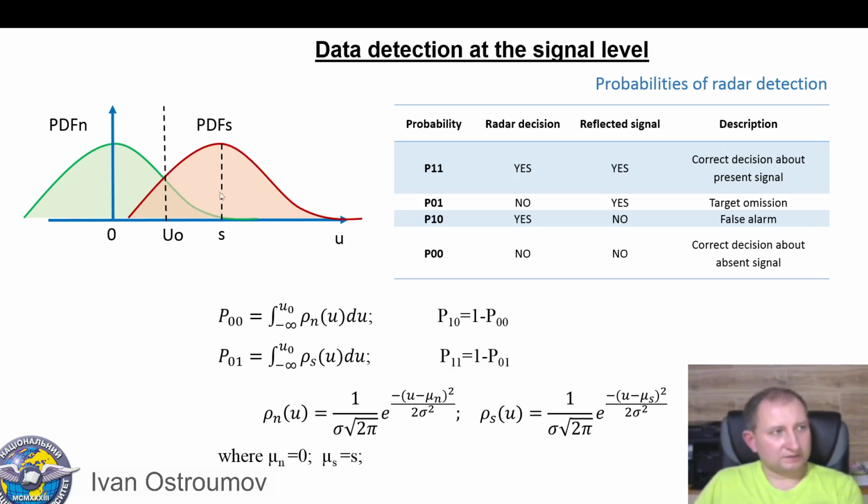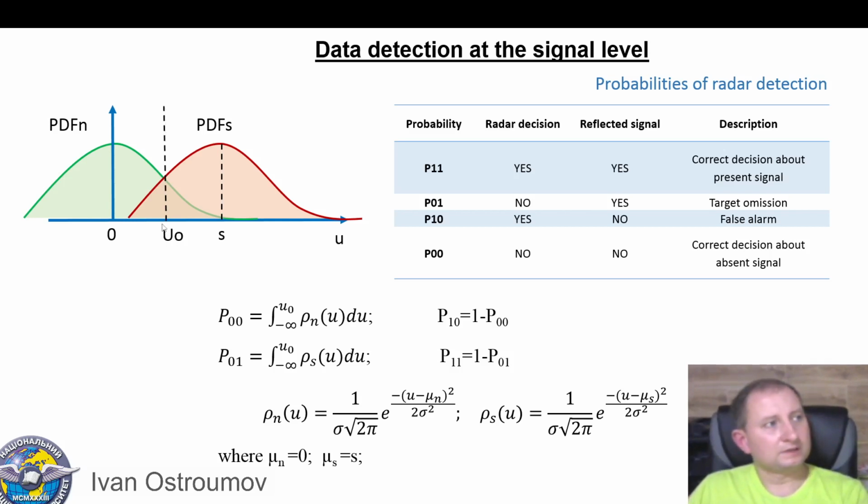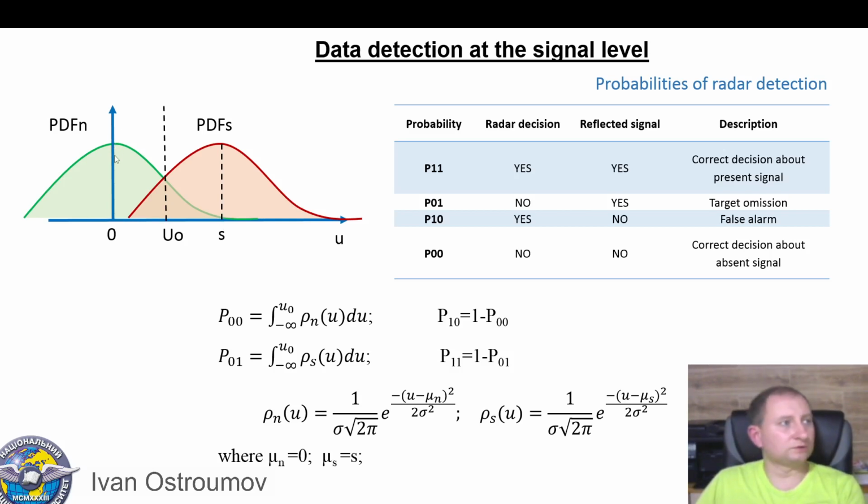In some cases it will be added, in some cases it may be subtracted. And if we would like to reach correct detection, we need to specify our threshold value somewhere between 0 and S, or maybe even more than S. It depends on the amplitude of noise.